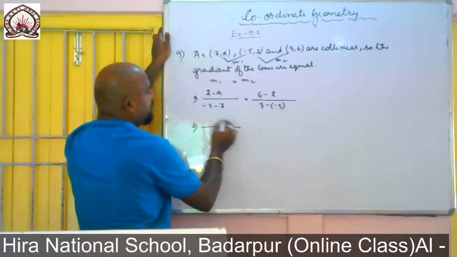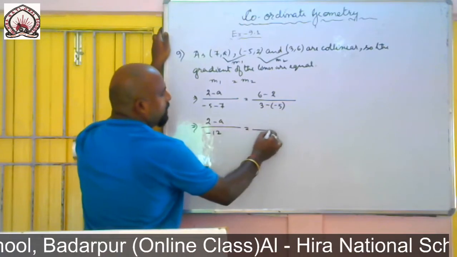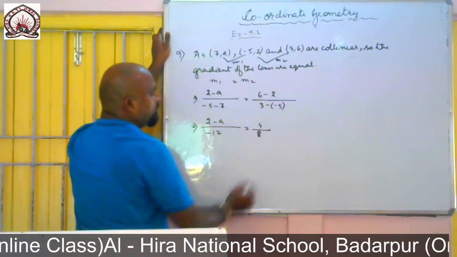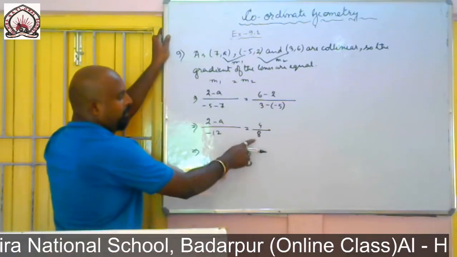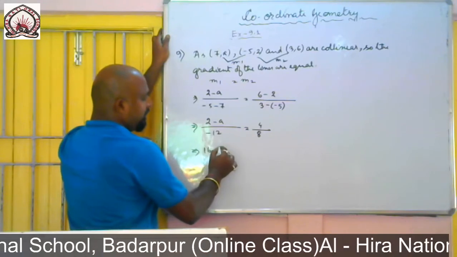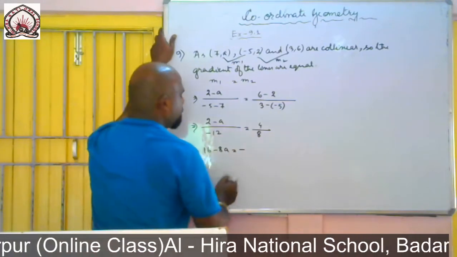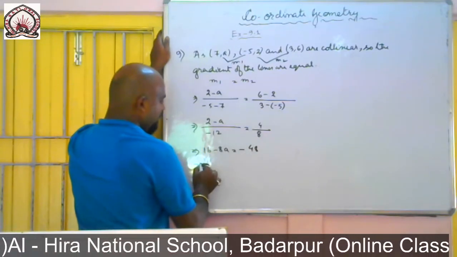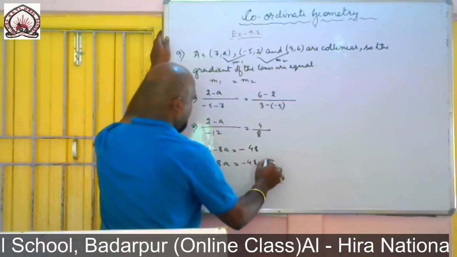Now what are we getting? 2 minus a by minus 12 equals 4 by 8. Then 8 times 2 is 16 minus 8a equals minus 48. Then minus 8a equals minus 48 minus 16.